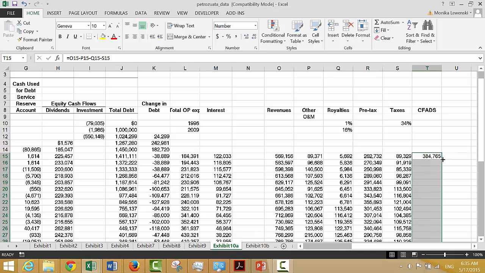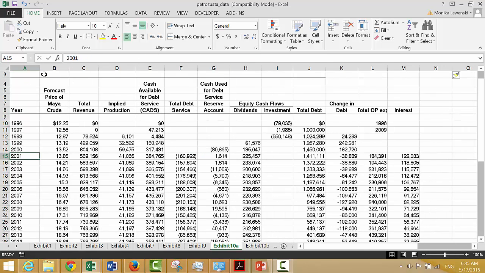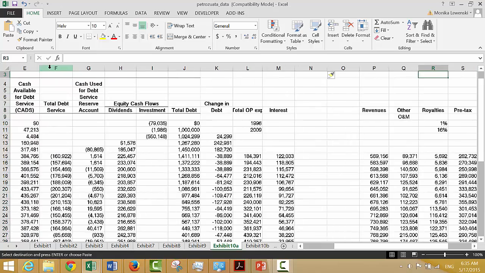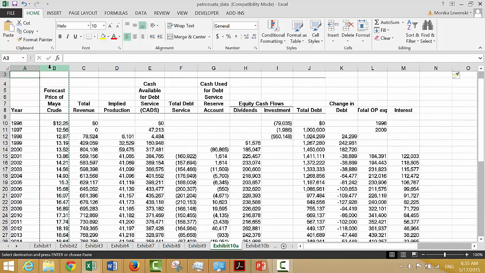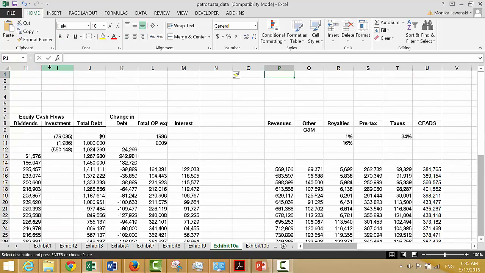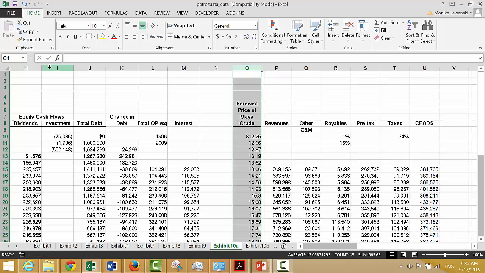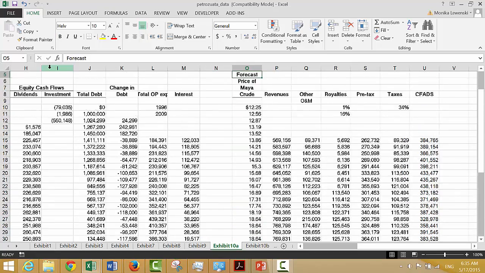And the real good news about this is we can forecast oil price. Oops. Oil price forecast here.